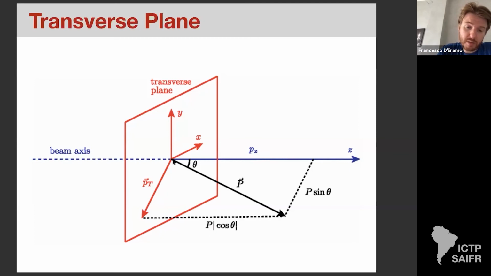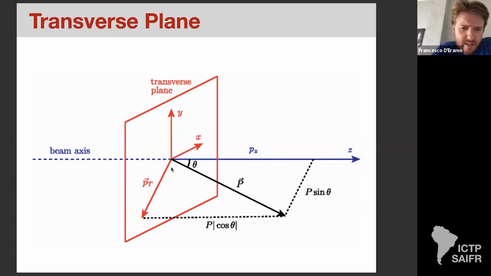So if your detector is placed in a situation where the two protons are colliding against each other with equal and opposite momenta, so you are in the center of mass of the two protons, this is likely not the same as the center of mass of the partonic collision, because maybe the parton coming from the proton on the right carries a larger fraction of momentum than the one coming from the left, so it's boosted in this direction.